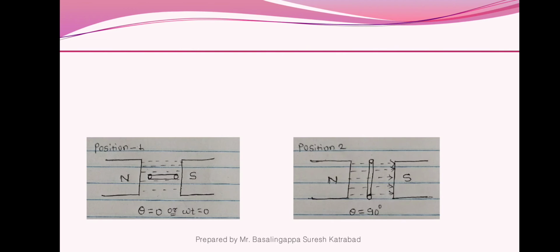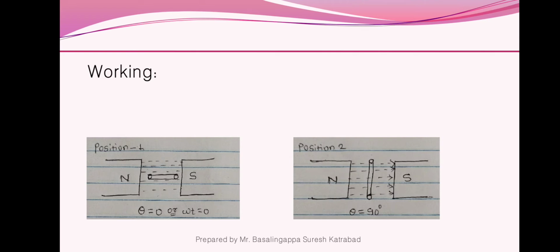Next we will see working. Here we are taking positions initially at theta equal to 0 or omega t equal to 0. So first we will see working whenever this conductor is rotating in a magnetic field. This conductor cuts the magnetic flux.